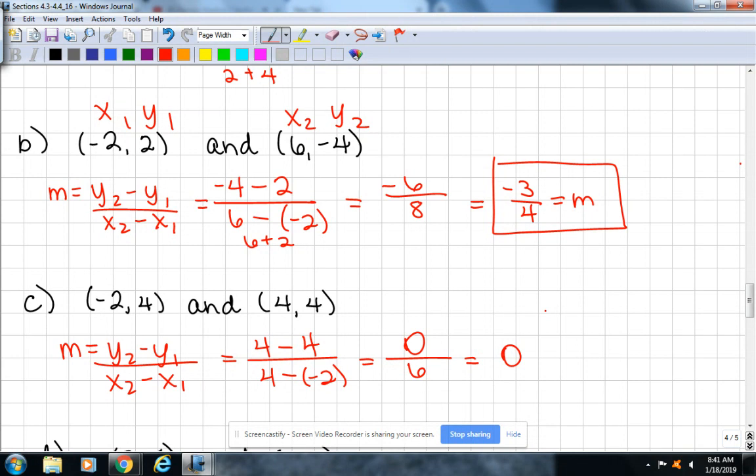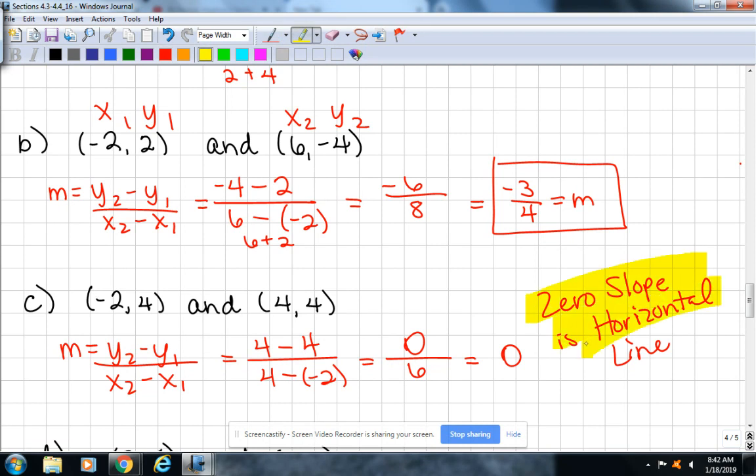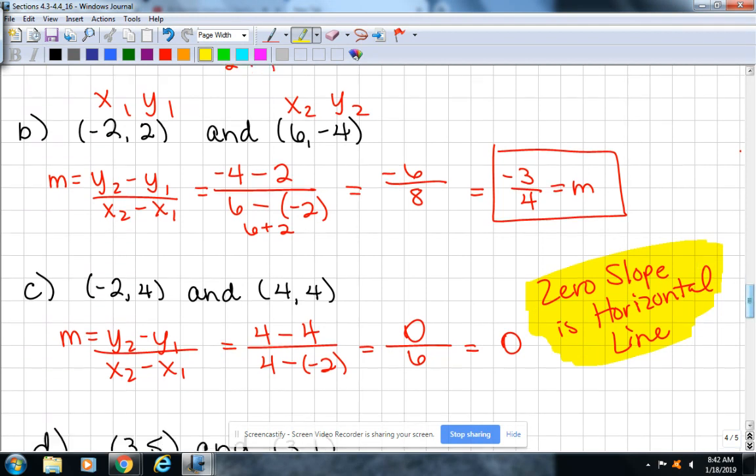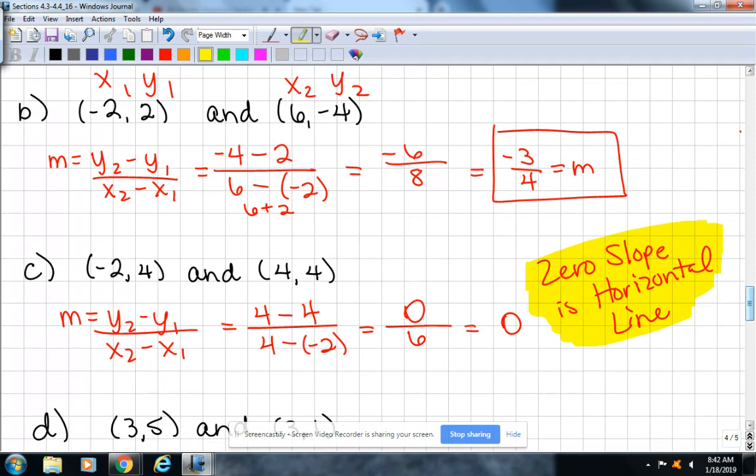So memorize that. 0 slope is a horizontal line. Bless you. So it just stays constant. It never goes up, never goes down, stays at 0 the whole time.